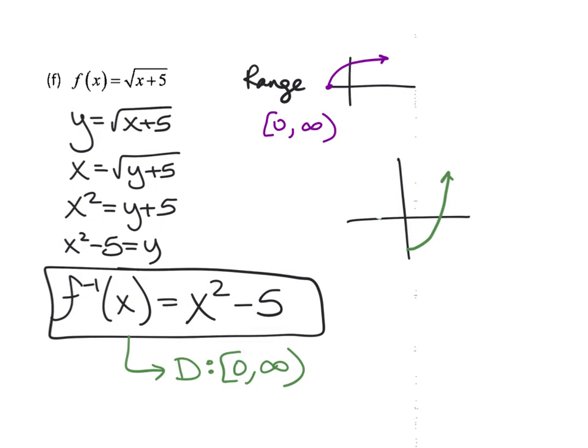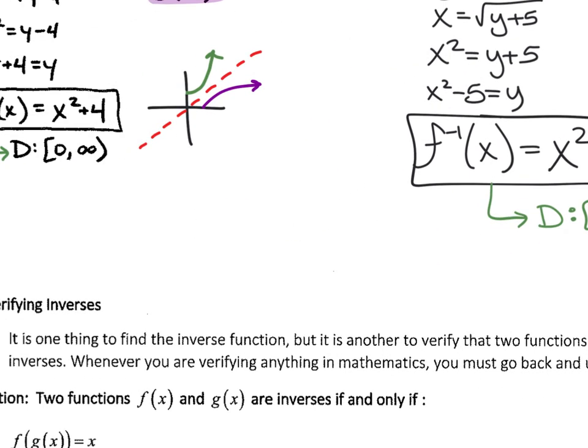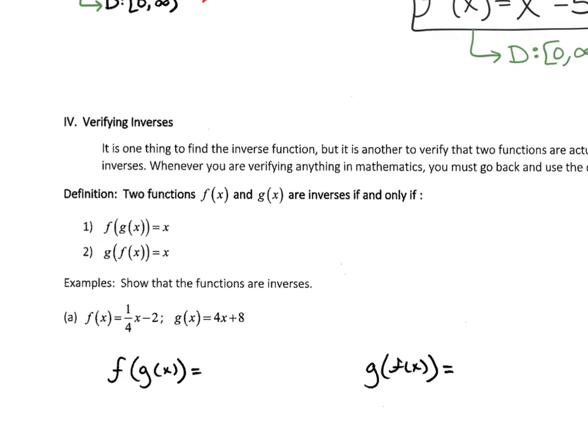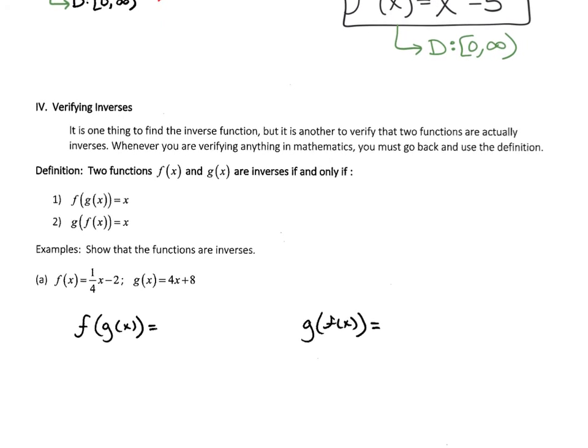Now here's why we spent a class period on composing functions, because once we have an inverse, we also have to verify that the two functions are actually inverses. The way we're going to verify is to go back and use the definition of inverse functions.